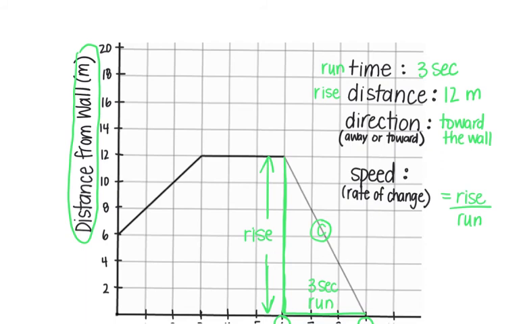So for our rise and run calculation, we're going to have 12 over 3. As we divide 12 divided by 3, we'll get 4, and again, it's going to have a unit rate of meters per second. So the speed that Kenny is traveling as he goes along this line is 4 meters per second, which is faster than the information that we found when we calculated the rate of change for the first line segment, when he was only traveling at 2 meters per second.